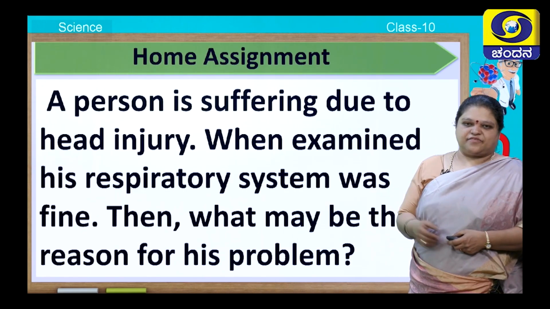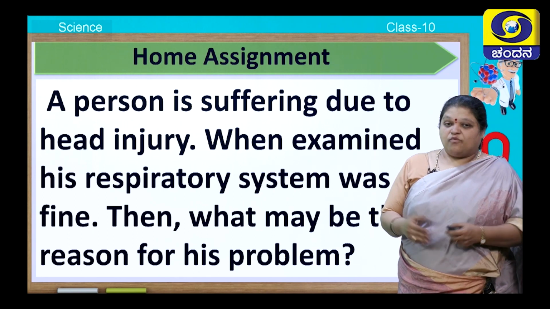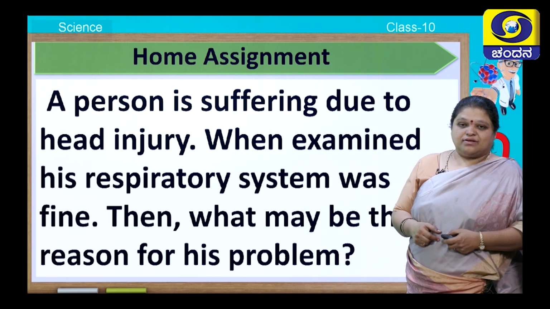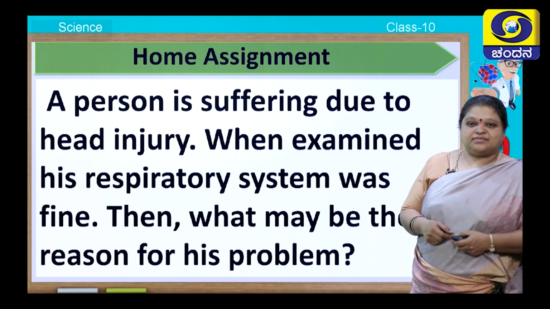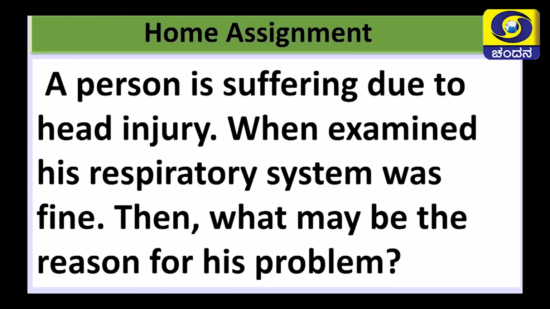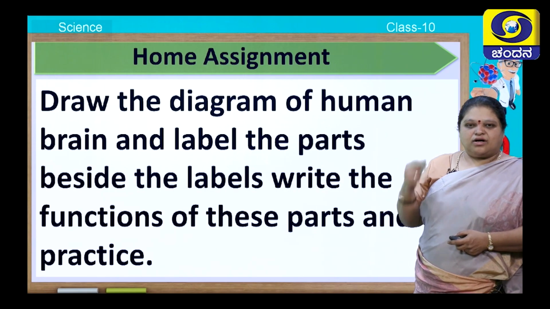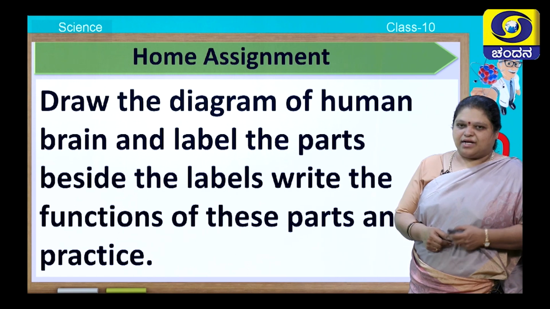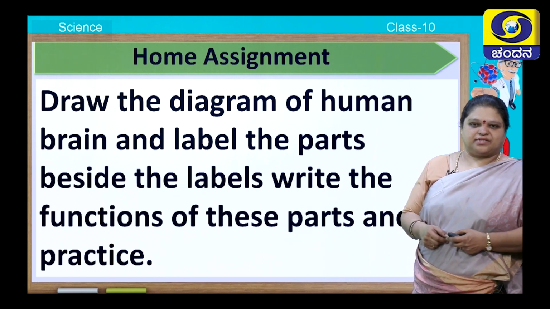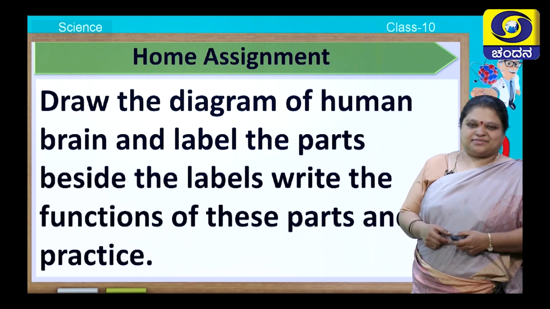A person is suffering due to head injury. When examined, his respiratory system was fine. Then, what may be the reason for his problem? Next, draw the diagram of the human brain and label the parts. Beside the labels, write the functions of these parts and then practice.